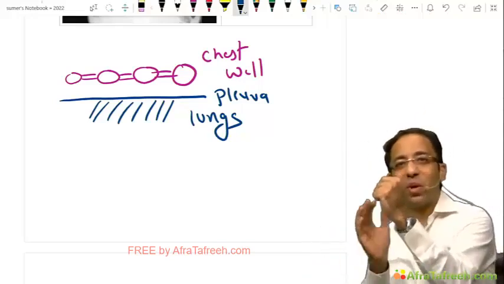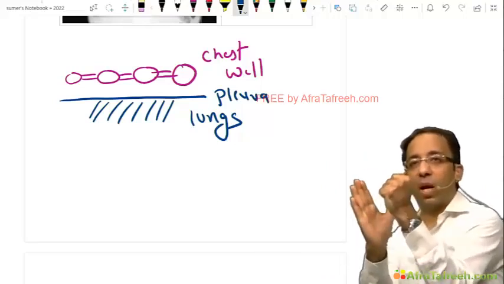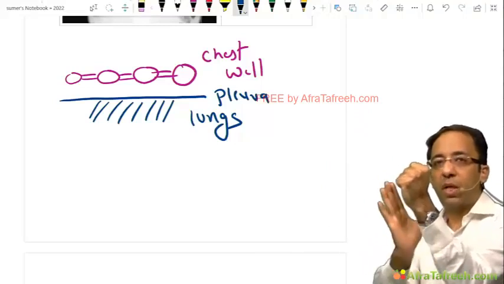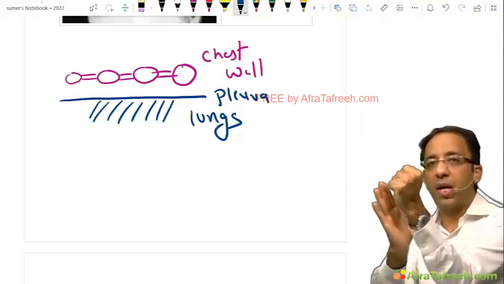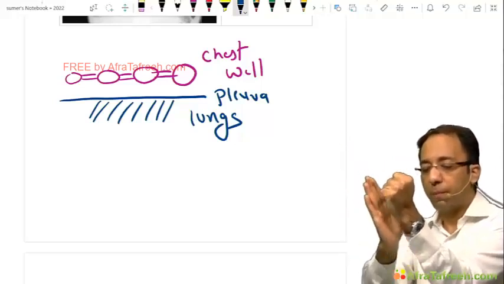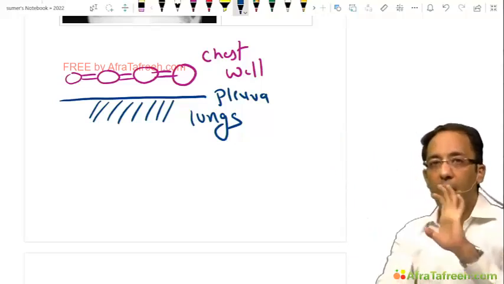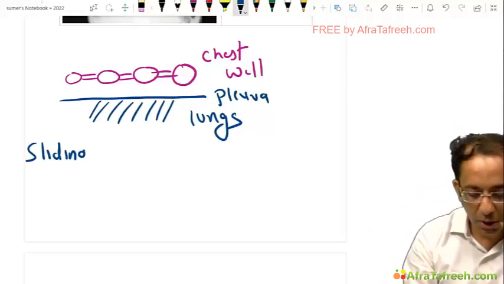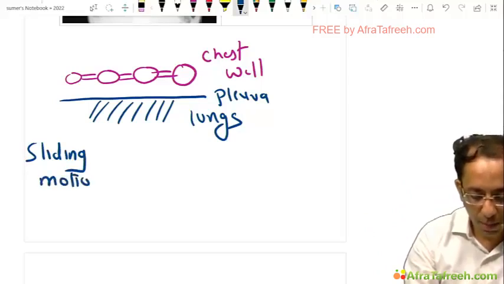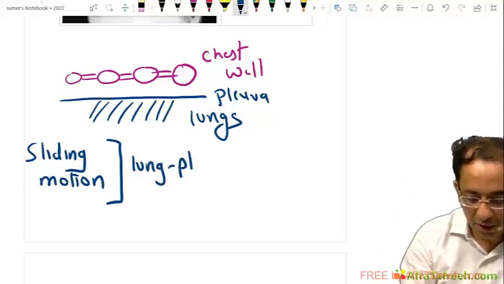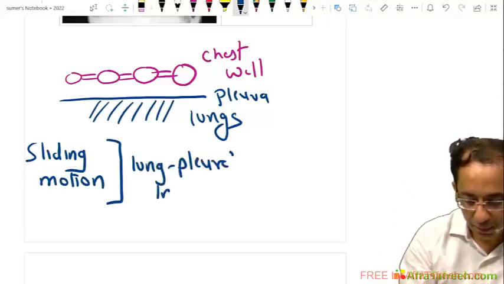If this is your chest wall and this is your pleura, what will happen when you are breathing? The pleural interface shows a sliding motion with respect to the chest wall. Clear? I am writing again. Normal ultrasound, you should see sliding motion of the lung pleura interface.